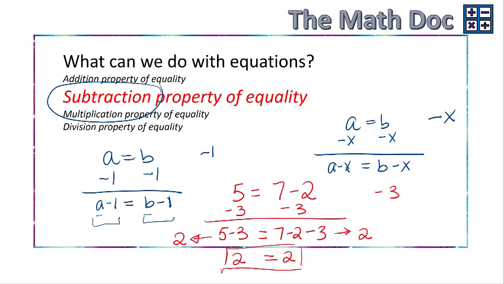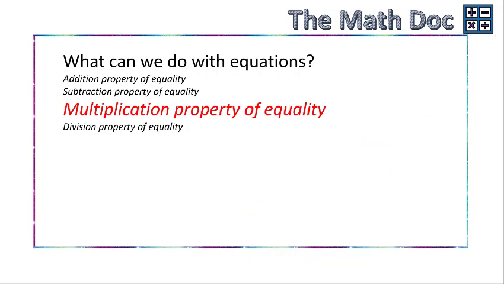So the next property we'll look at is the multiplication property of equality. And this again is similar, and we will use our same basic example of A equals B. And again, if we have A equals 3 apples, then B will be 3 apples. And if A equals 7, then B equals 7.